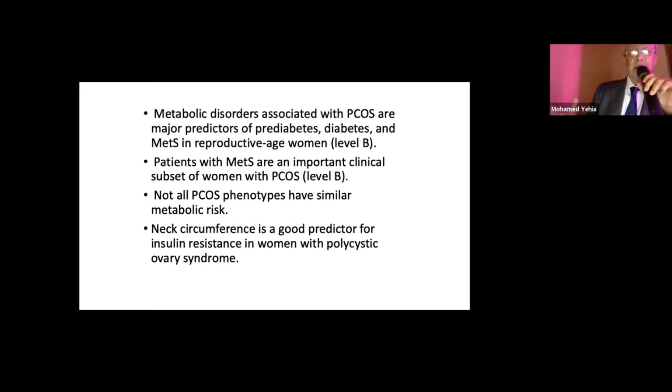These metabolic disturbances of polycystic ovarian syndrome are major predictors of prediabetes and diabetes in reproductive age women, and these patients are an important clinical subset. Not all PCOS phenotypes have similar metabolic risks, and those who have this metabolic risk usually have a higher neck circumference, which is a fairly new idea.